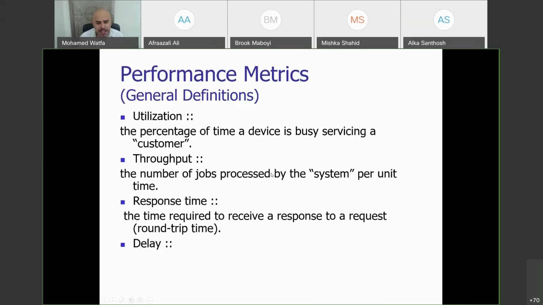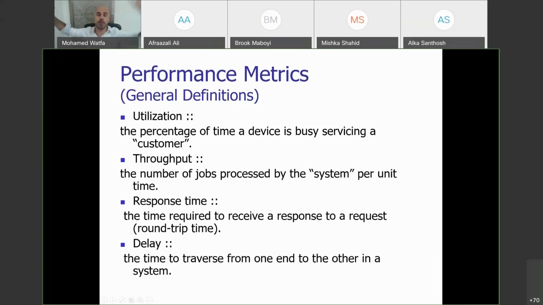Response time is the time required to receive a response. And finally, delay is the time to traverse from one end to the other end. Remember, these are definitions not related to networking, related to computing in general.